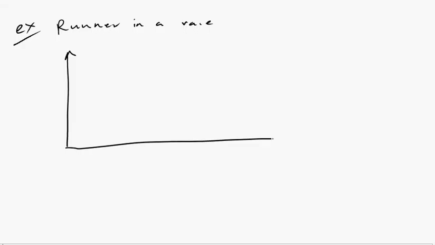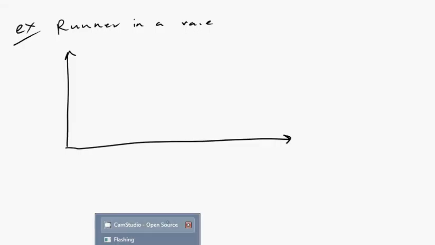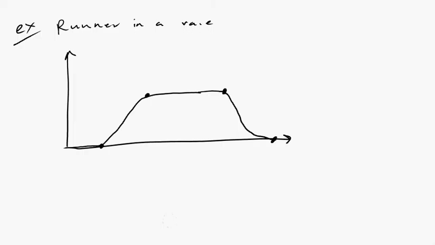And so we're going to try to draw some more of these graphs to wrap our heads around this. Let's imagine that this graph here is a runner in a race. This is going to actually be the velocity versus time, a VT graph.